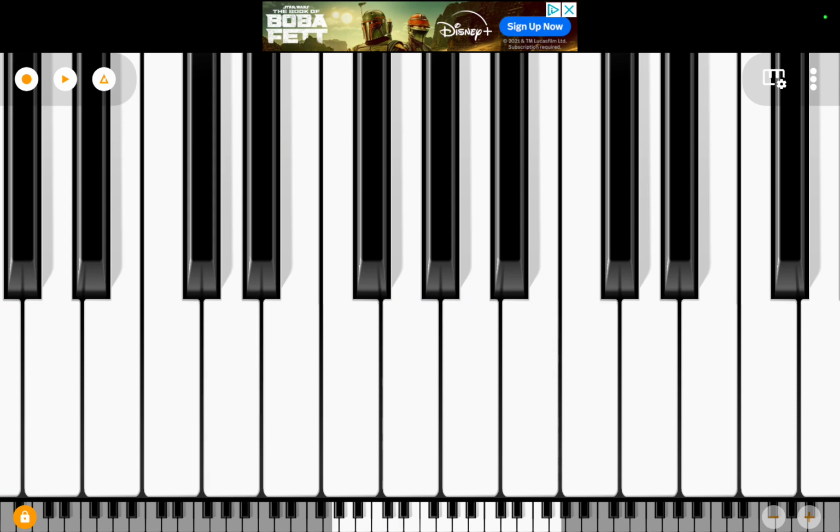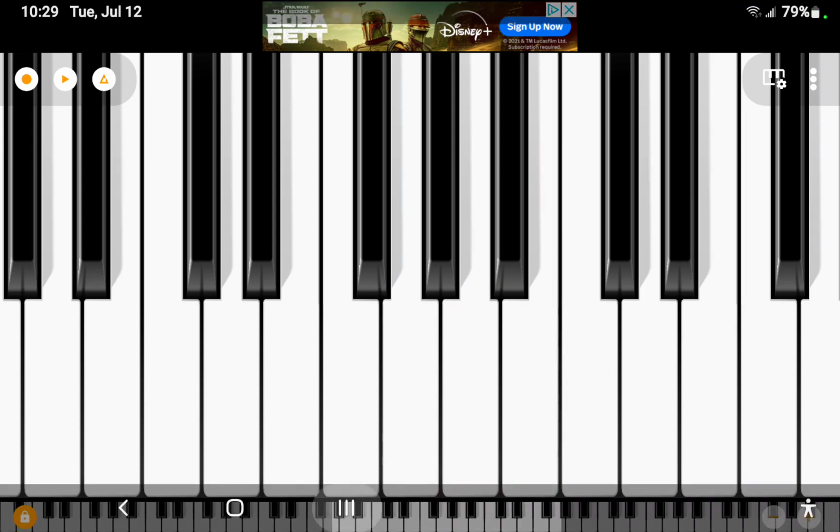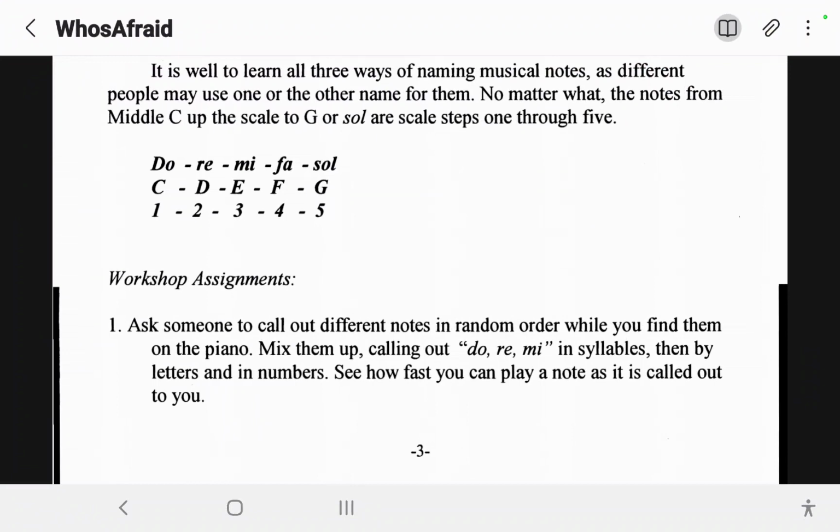Mi, E, and 3 are here. Fa, F, and 4 are here. Sol, G, and 5 are here. So all of those notes represent the same thing, whether you're using the solfege, numbers, or alphabetic letters. All right. If I can get my text back here.